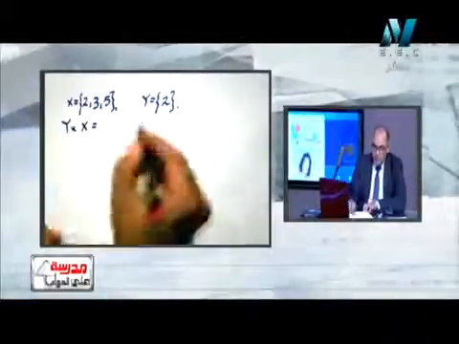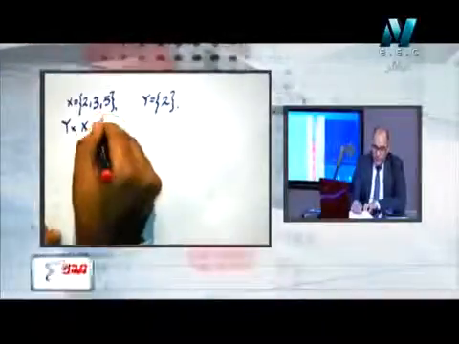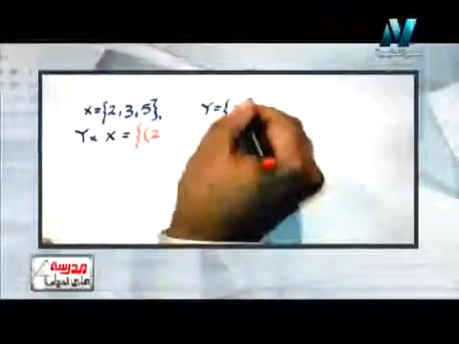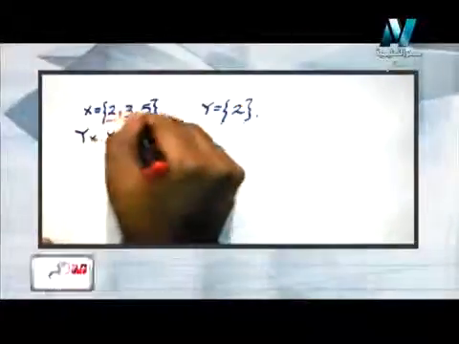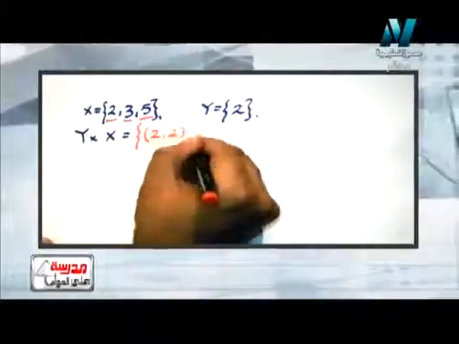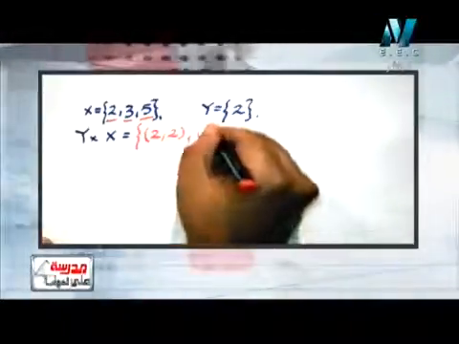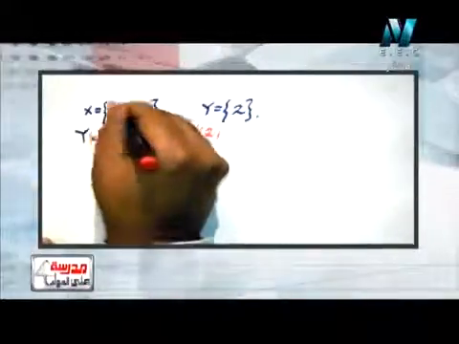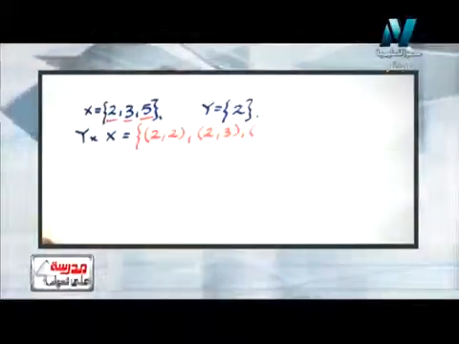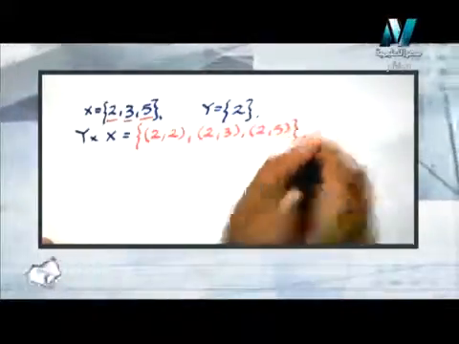We start with the element belonging to y, which is 2. Make two braces. The first one is 2 distributed among 2, 3, and 5, so it will be 2, comma 2. The second ordered pair will be 2, comma 3, and the third is 2, comma 5.